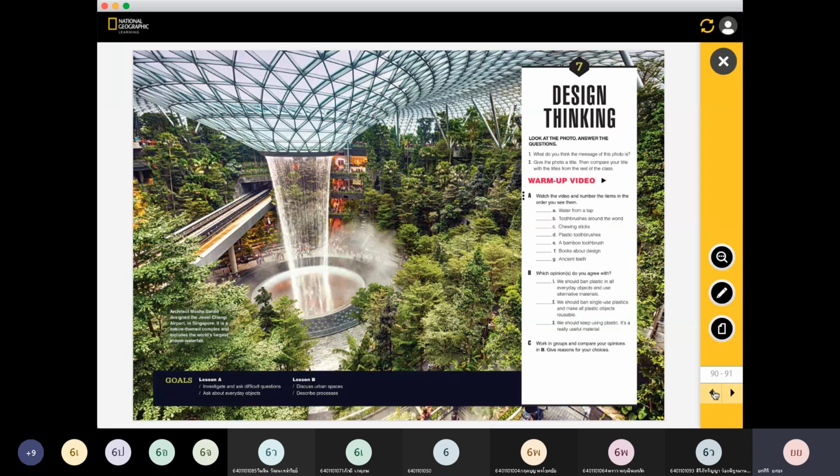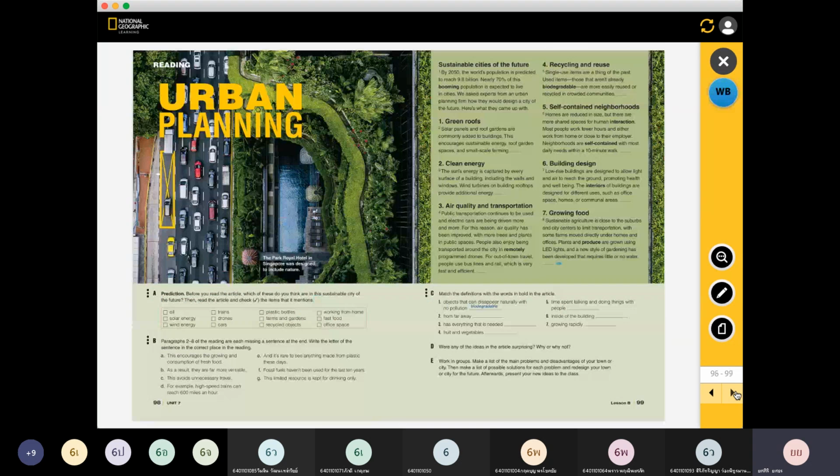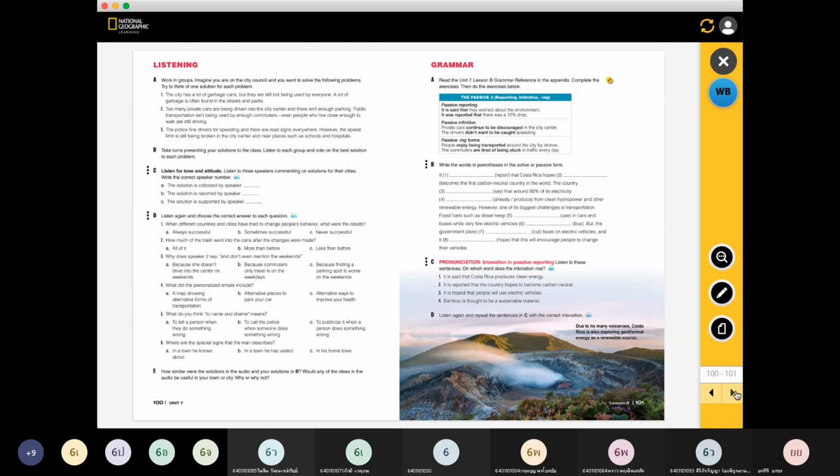In the previous unit, we talked about design thinking, green stuff, right? We talked about green materials, green space, urban planning, and how to use the passive.